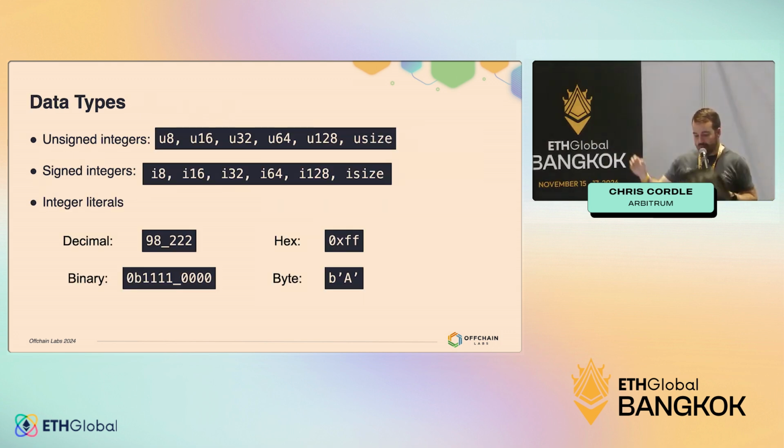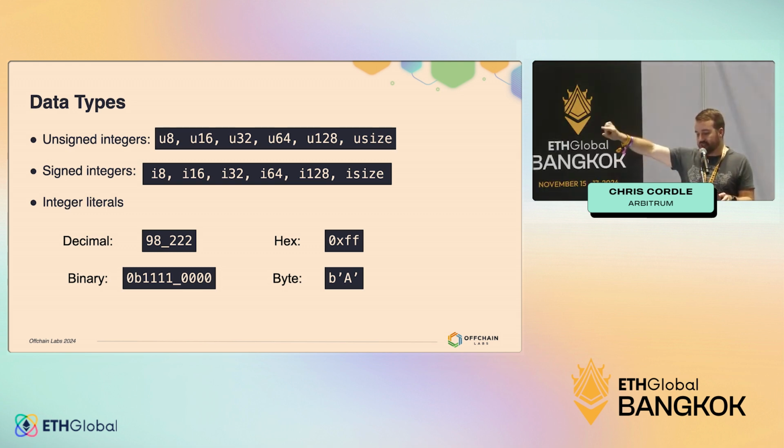These are some of the data types that you have access to by default in Rust. These are unsigned integers. By default, Rust supports unsigned integers all the way up to 128 bits. But for Stylus, we bring in a library called Alloy, from the Foundry team. We use it as part of our SDK to give support for 256-bit integers, since you need to maintain that Solidity compatibility.